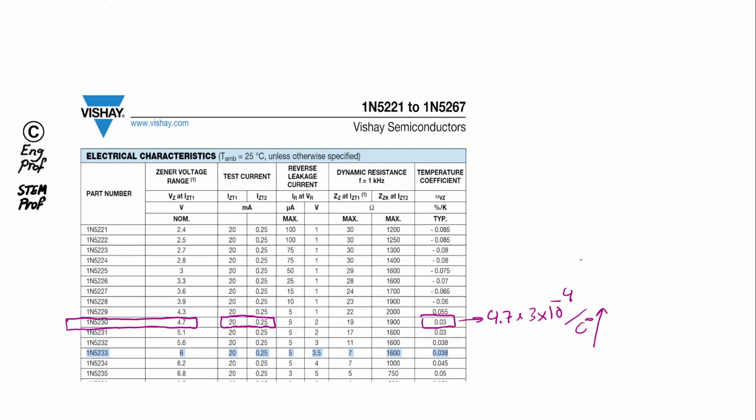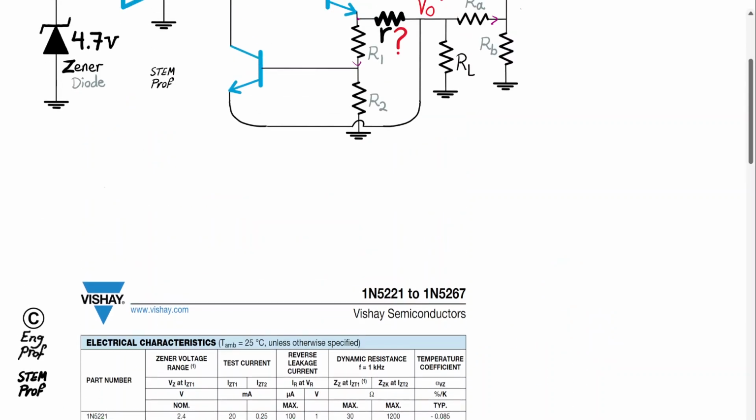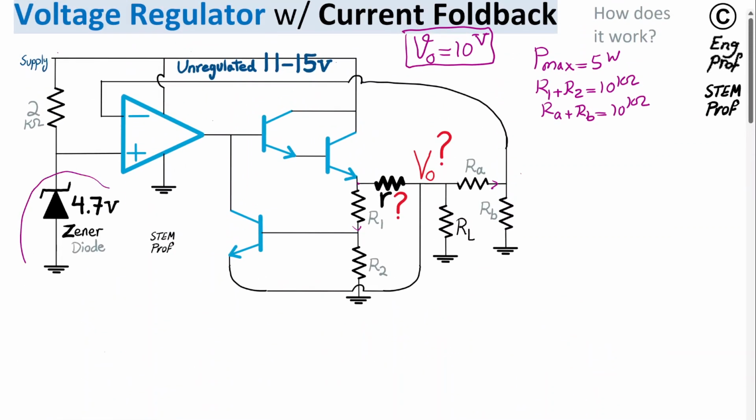So it's very small. That's a good feature for this diode. So that means we have a stable 4.7 volt that is relatively constant for the range of temperature in mind.